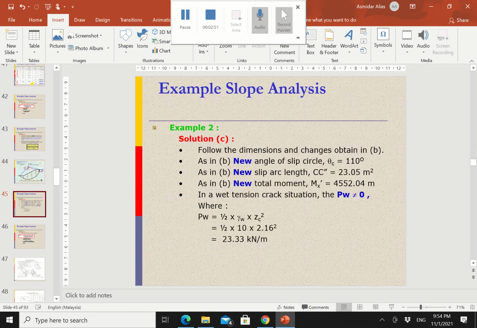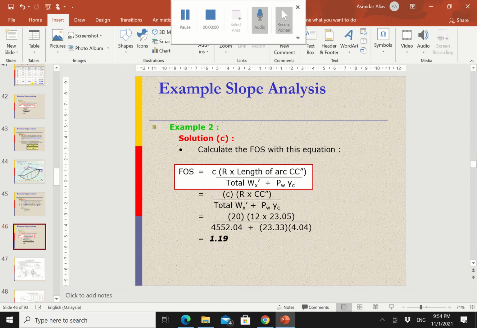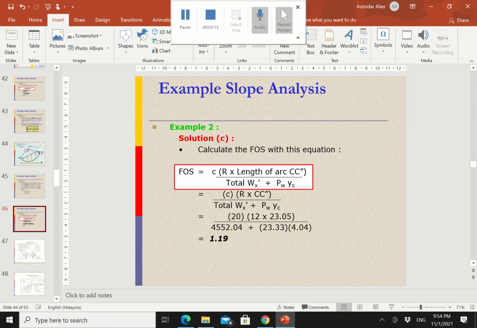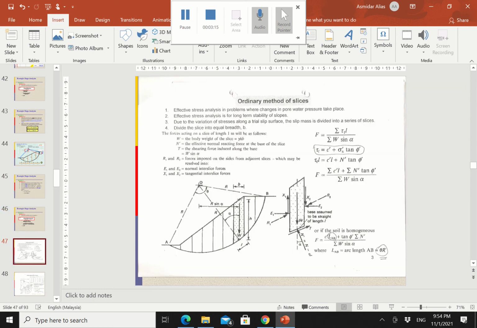So you can study all the information there, and then redo this example so that you know how to calculate FOS without tension crack, FOS with tension crack without water, and FOS with tension crack with water. That one is the last discussion, and this discussion is focused on effective stress analysis.